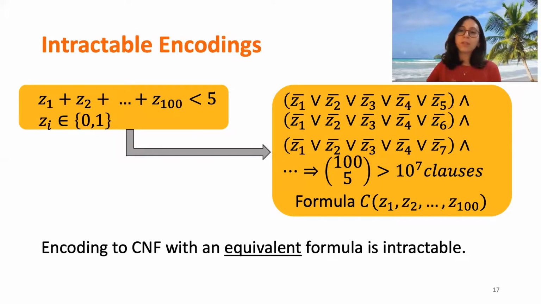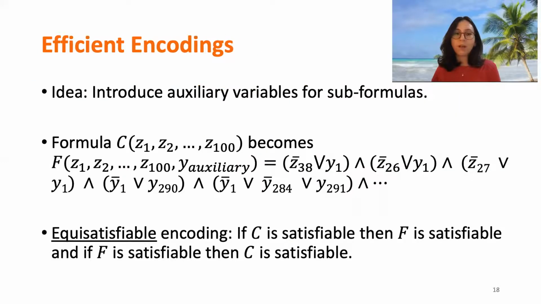This kind of encodings are called equivalent encodings because you keep the same variables. However, in the logic community, people have developed since a long time this idea of introducing auxiliary variables for subformulas. So the formula C becomes F, where F has these auxiliary variables.